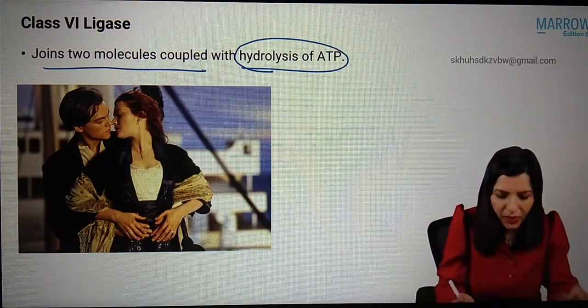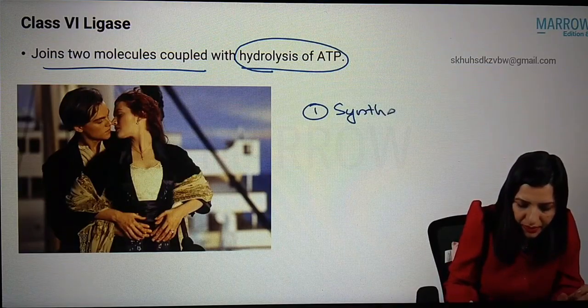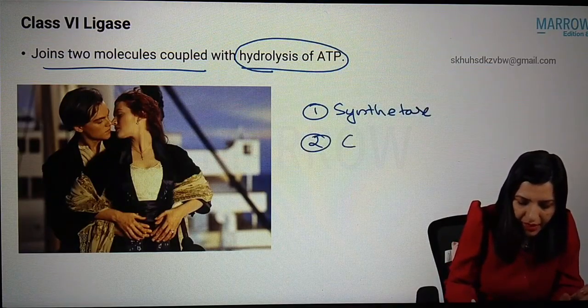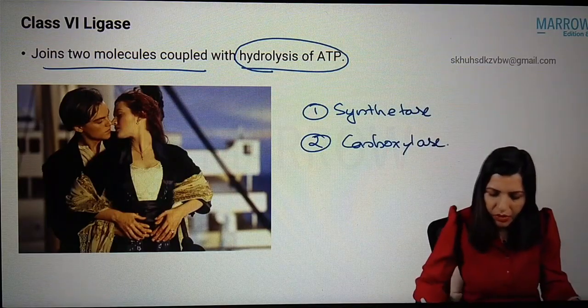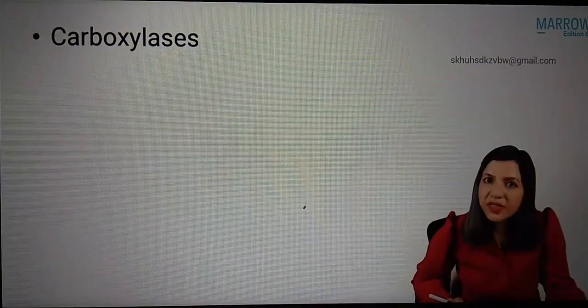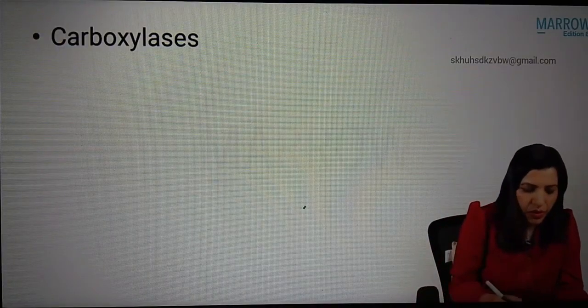Under this, we have two examples. One is synthetase. The second is carboxylase. So the first example under ligase is carboxylase. It's very interesting to learn about these carboxylases together.